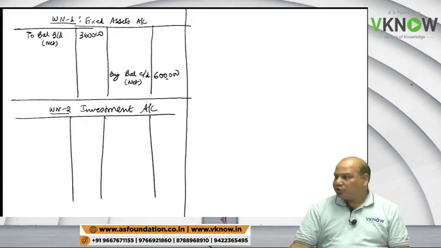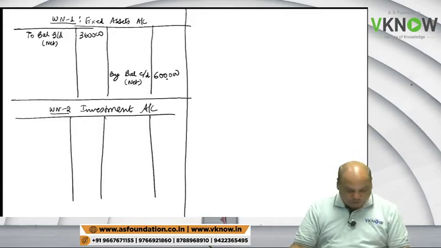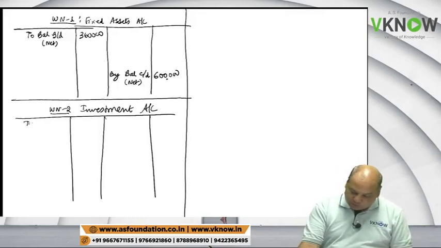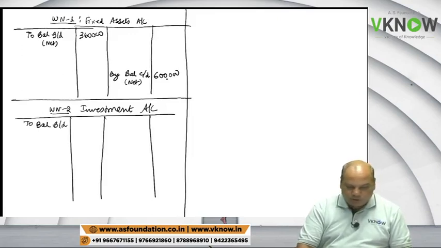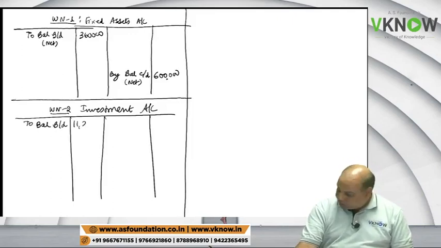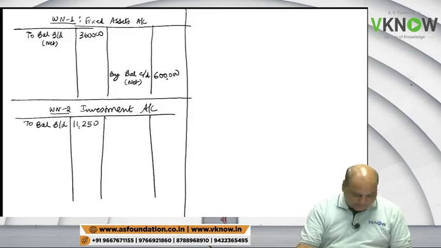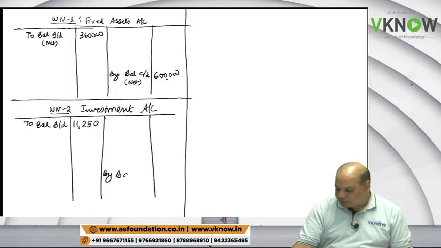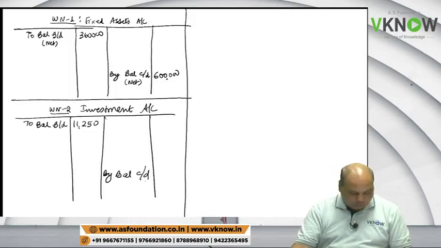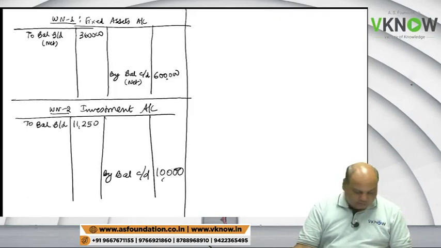And then we have to go to working note 2, investment account, to balance brought down 11,250, and by balance carried down 10,000. We'll come back to this.